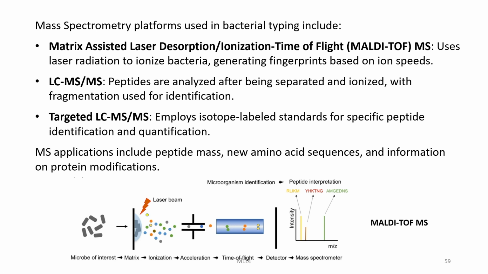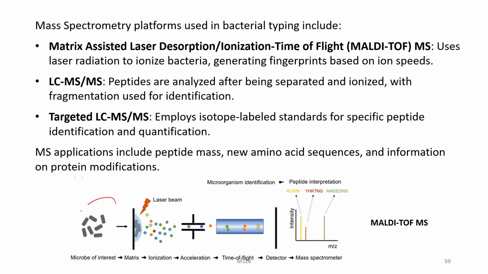Here peptides are analyzed after being separated and ionized with fragmentation used for identification. Then we have targeted LC-MS/MS, which employs isotope labeled standards for specific peptide identification and quantification. MS applications include peptide mass, new amino acid sequences and information on protein modifications.